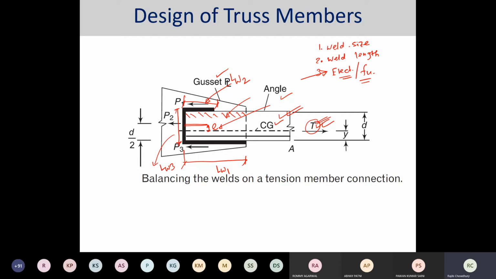The calculation of that is pretty simple, only the geometry and the equilibrium of the different forces. If you go with that, then perhaps we may end up with a very good design solution.